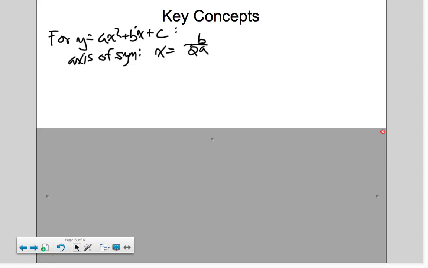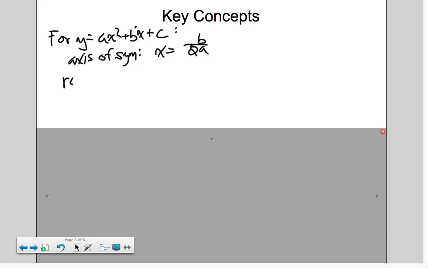Before, we couldn't determine the axis of symmetry unless it was in vertex form, or even in factored form we could not figure it out. When it's given in standard form, there was no way. But now we have an equation, x equals minus b over 2a. Once we get x, can we determine the vertex? Yes, we go back in here, plug it in, and get the vertex.